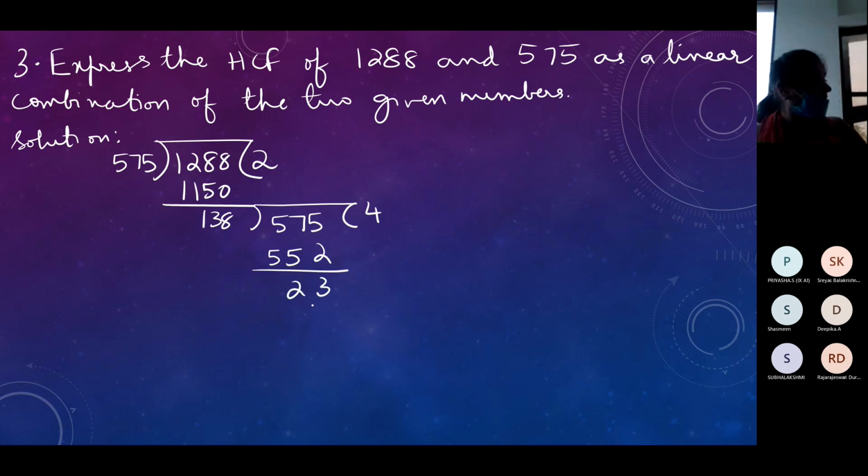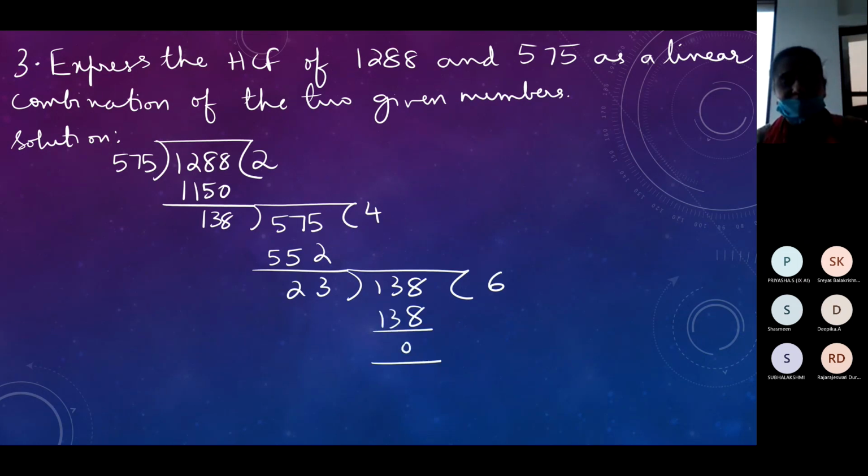Now the remainder becomes the new divisor, and the earlier divisor becomes the new dividend. So now 6 times. You should continue this division process till you get 0 as the remainder. Now we got, in 3 steps, we got 0 as the remainder.